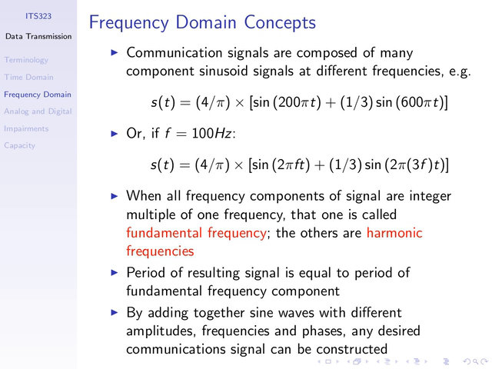If the frequency is 100 Hertz, then the period is 1 divided by 100 seconds, or 0.01 seconds. That's the duration in time of one cycle. So this would be time 0.01 seconds, 0.02, 0.03, up to 1 second, and we'd have 100 repetitions within that 1 second.